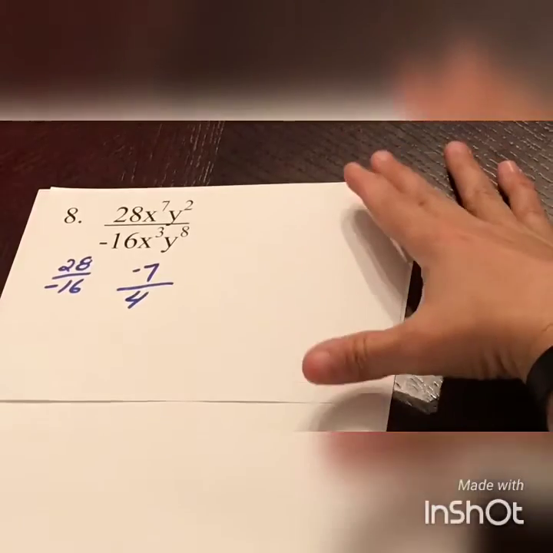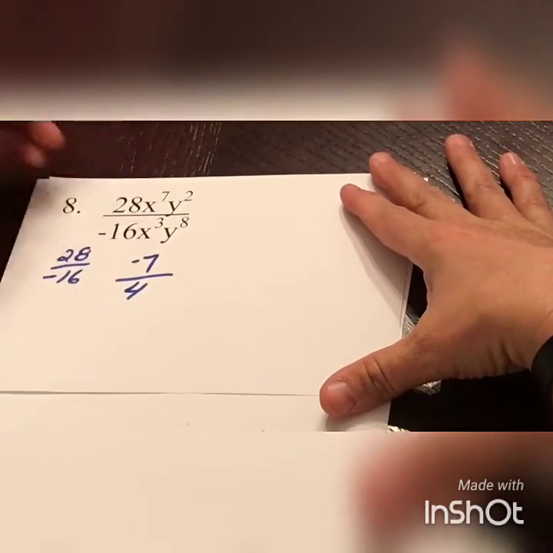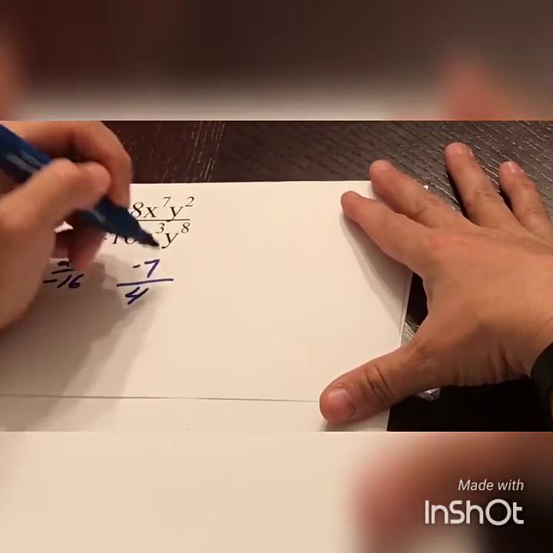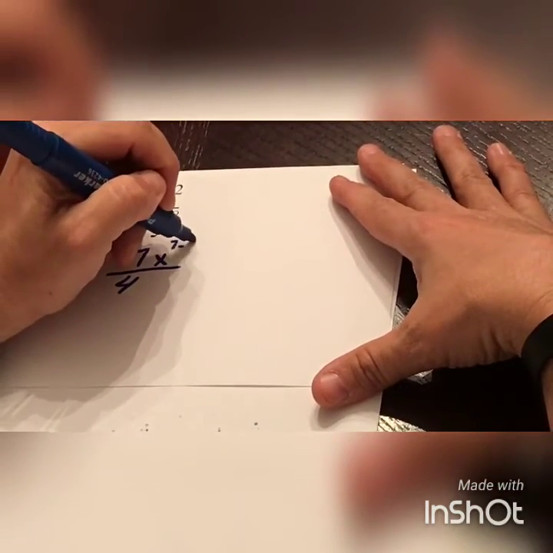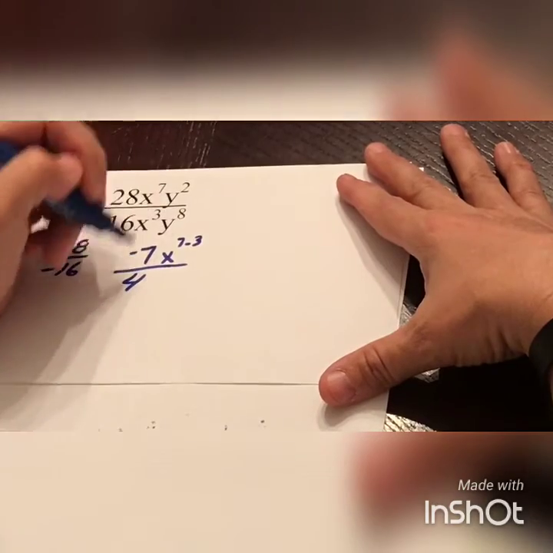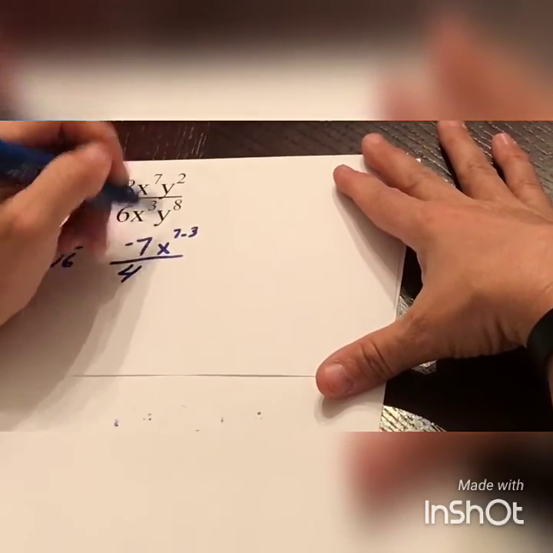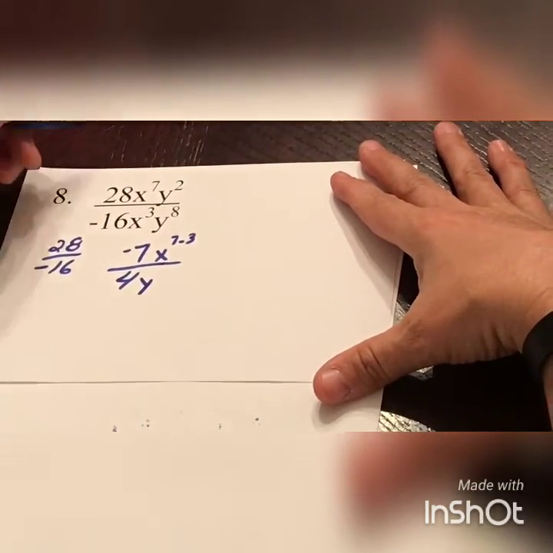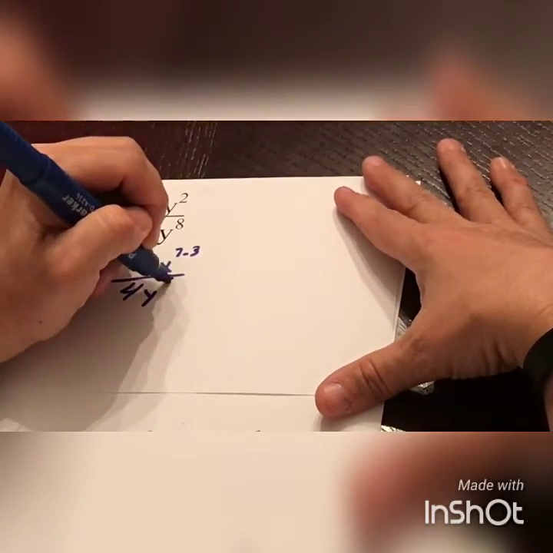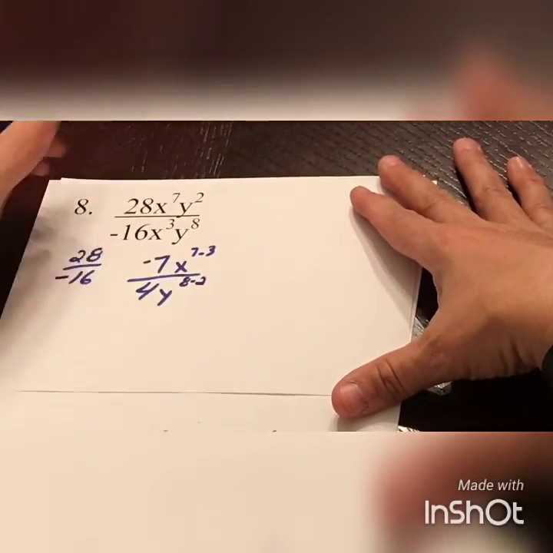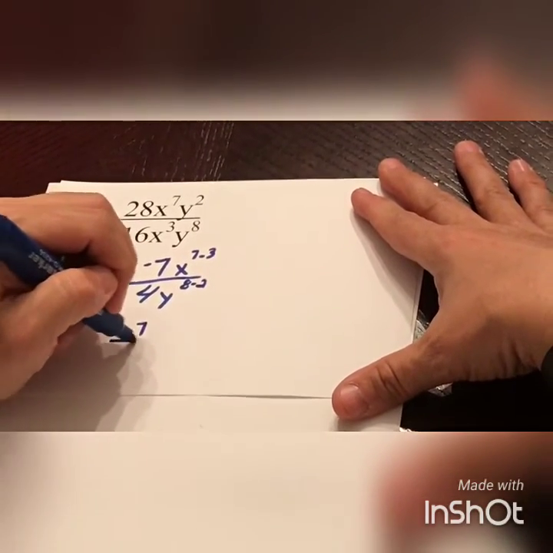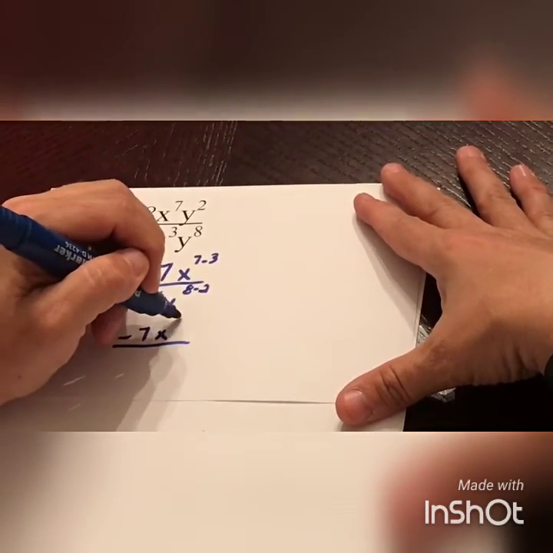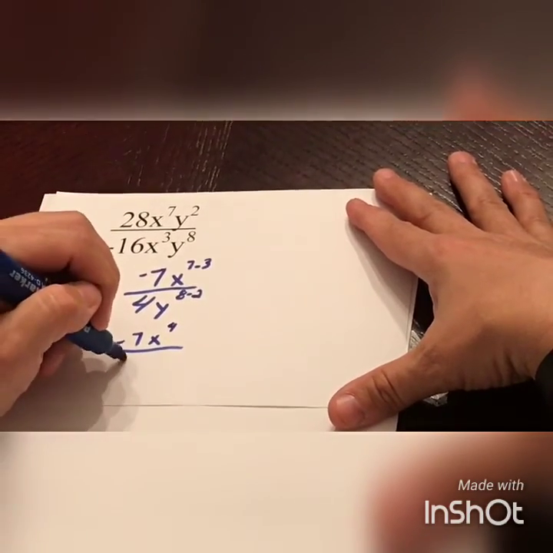Again, one variable at a time. X to the 7th, x to the 3rd, 7 is larger, so the x stays on top. 7 minus 3. Y to the 2nd, y to the 8th. 8 is the larger exponent, so the y stays on the bottom. 8 minus 2. When we subtract those exponents, we will now create our final answer.